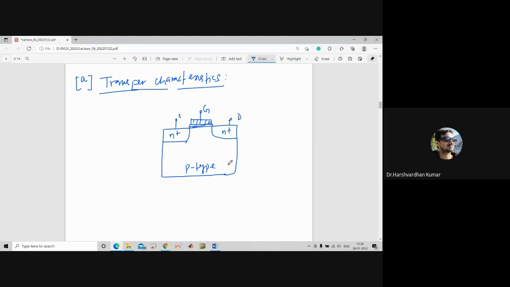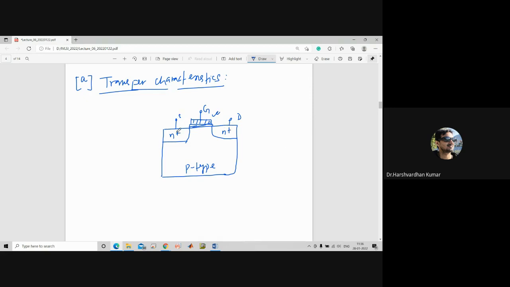So what can you observe from here? That there is no electrical contact of the gate layer with the bulk semiconductor, or with the source or drain.